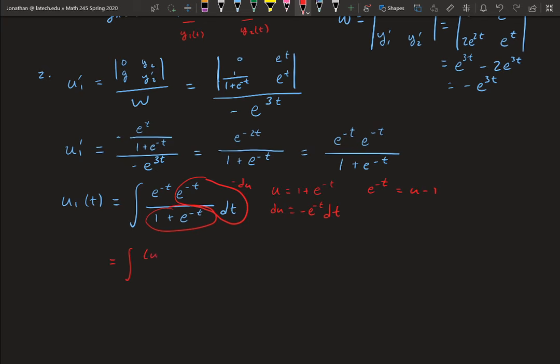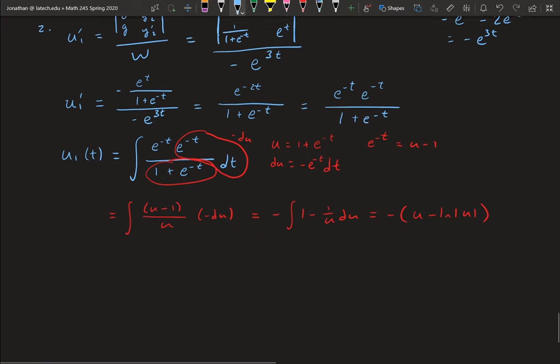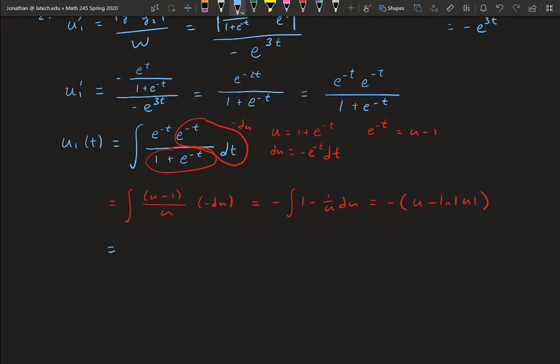And so this is going to be u minus 1 over u times negative du, which is negative the integral of 1 minus 1 over u du, which is negative u minus natural log absolute value of u. And then substitute what u is, so it's back to negative 1 plus e to the negative t minus natural log absolute value 1 plus e to the negative t.